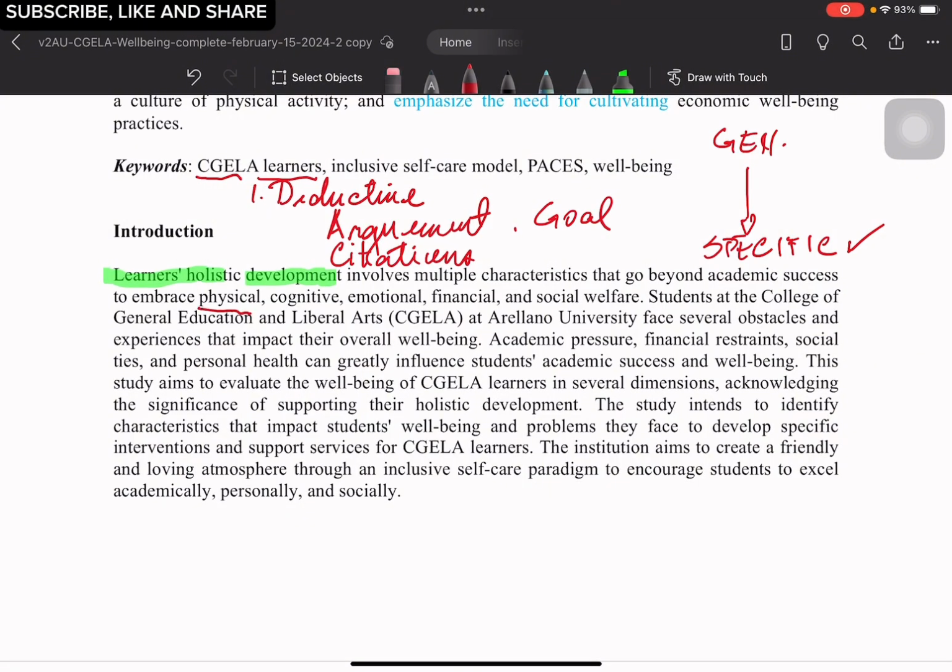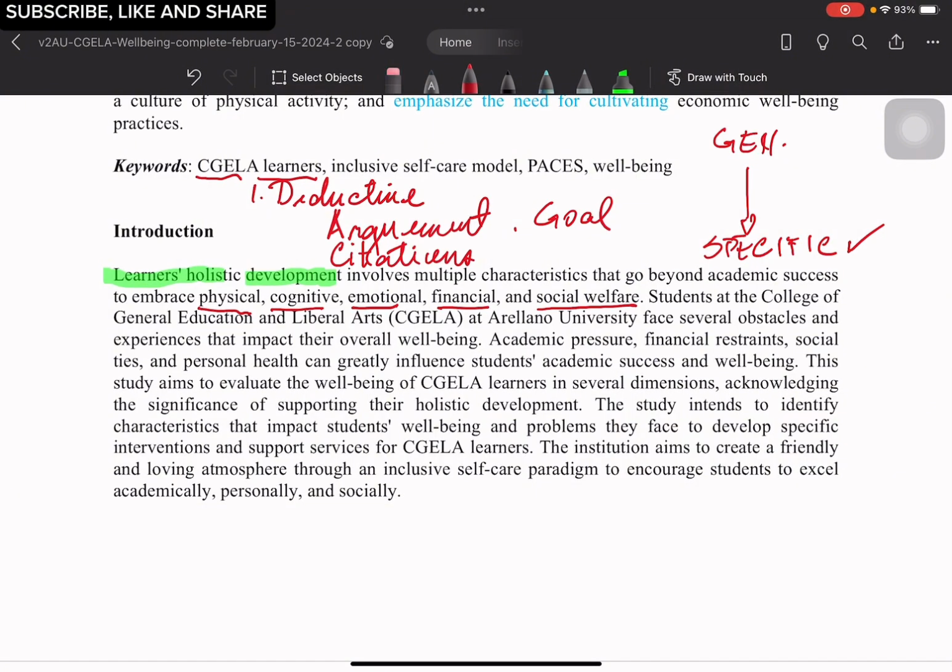This is the physical domain, the cognitive domain, emotional, financial, and social welfare. All of these domains should be checked in order to assure that there is holistic development in the learning of the students. So again, this is just a concept presenting that learners should be able to absorb knowledge holistically using the following domains. That is the simple interpretation of the first sentence.